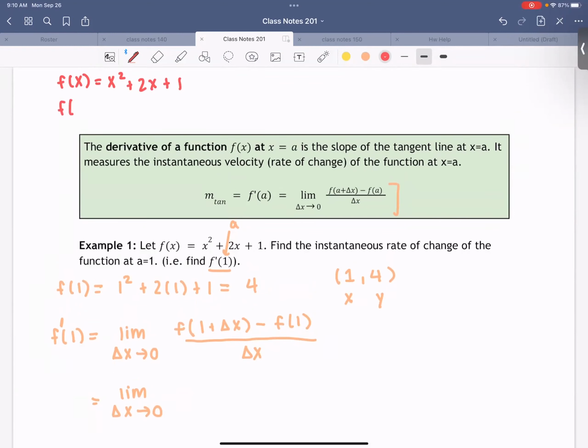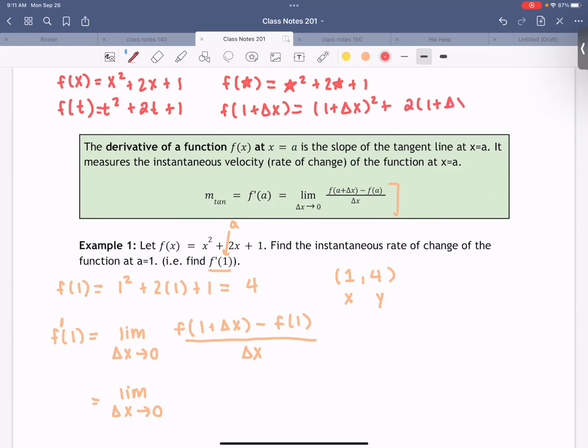What's the f of, I don't know, t? What is f of t? Good, t squared plus 2t plus 1. What would f of star be? Star squared plus 2 star plus 1. Okay, what's f of 1 plus delta x? Good, okay.